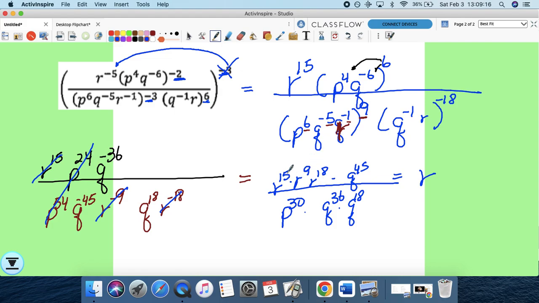Combine. 15 and 9 is 24, r to the 42nd if I remember correctly, p to the 30th down here, and q to the 9th, right? Because there's 45 q's on the top, 54 at the bottom, and if you simplify them, you'll realize you're going to have 9 at the bottom. And that's it.